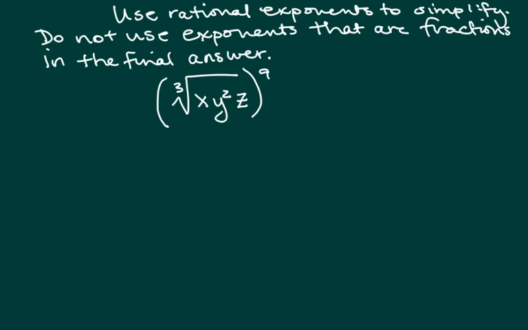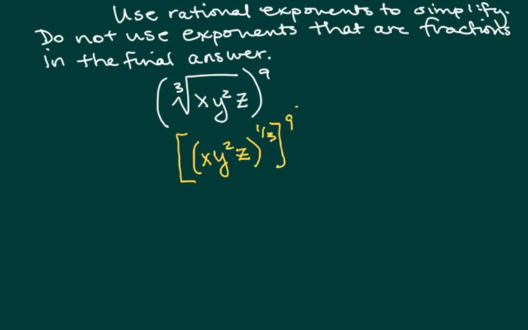So here, our radicand becomes our base, x, y squared, z. Doing within the parentheses first, that's going to be to the 1/3 power. The index becomes the denominator. Since there is no other exponent here, we'll use 1 as the numerator. And that is going to be taken to the 9th power.